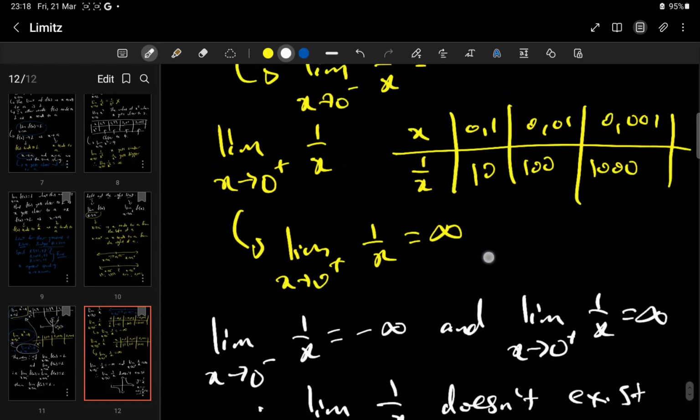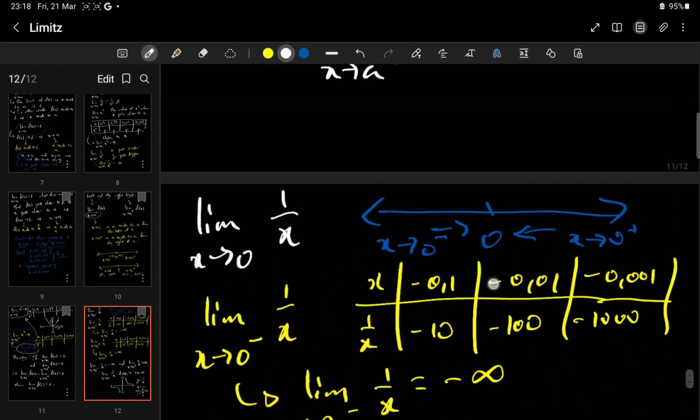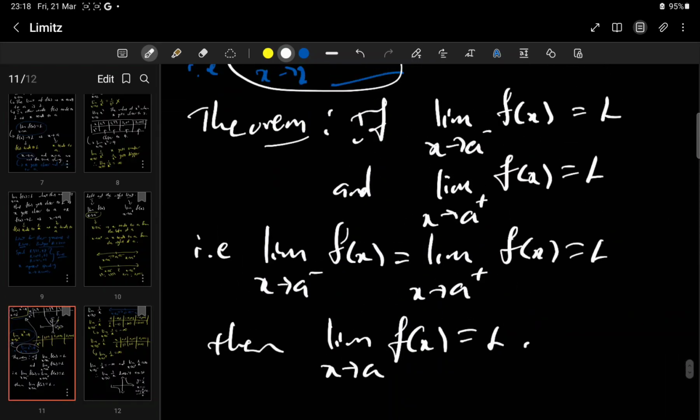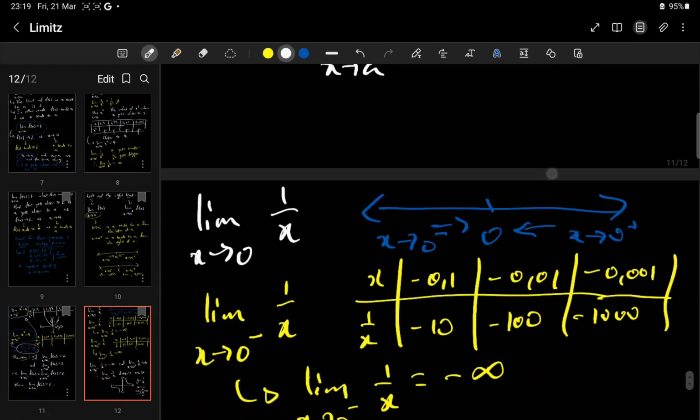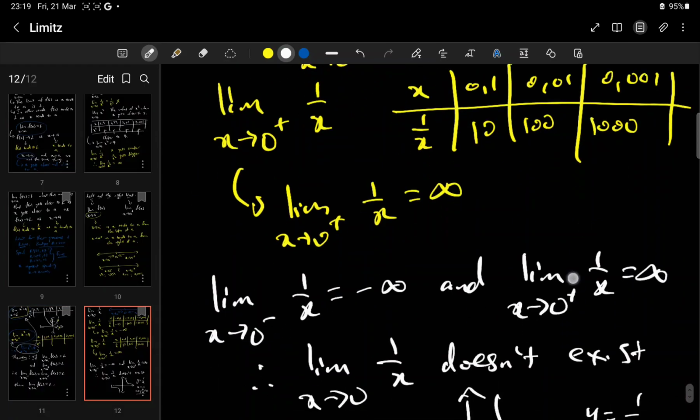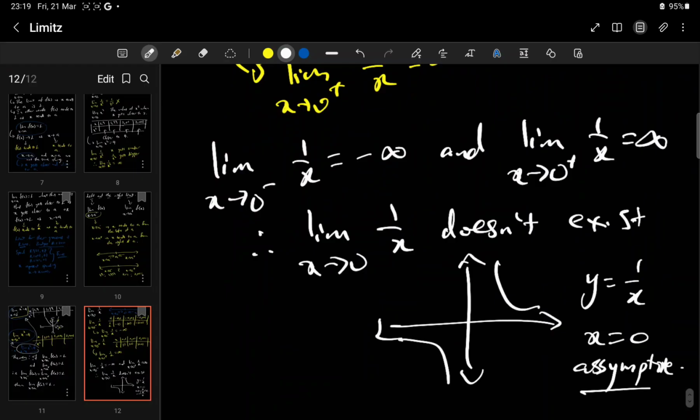This theorem is very important for limits: the left limit and the right limit must be equal for the limit to exist. If the two limits are not equal, then the limit doesn't exist. You see this when you have an asymptote at that point.